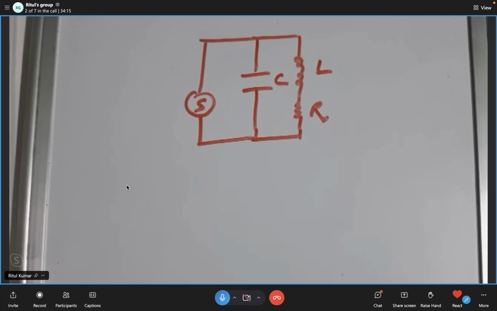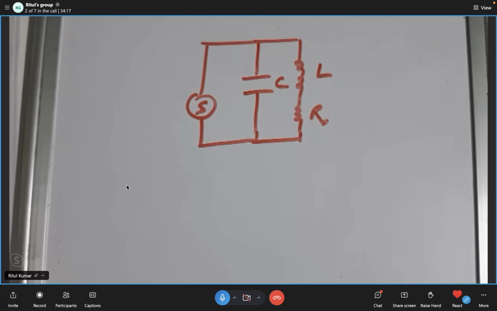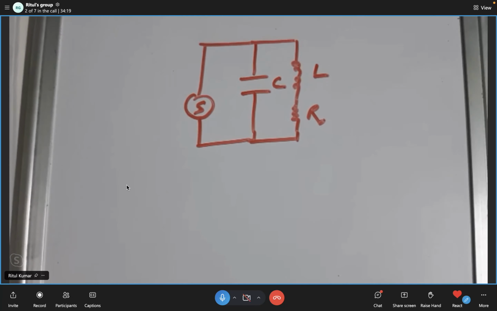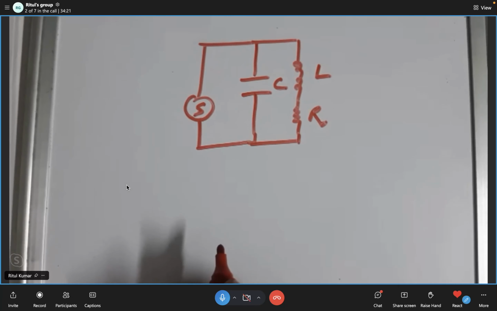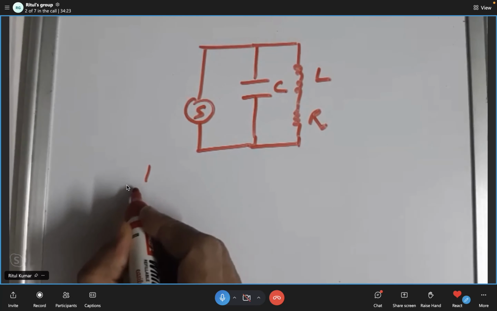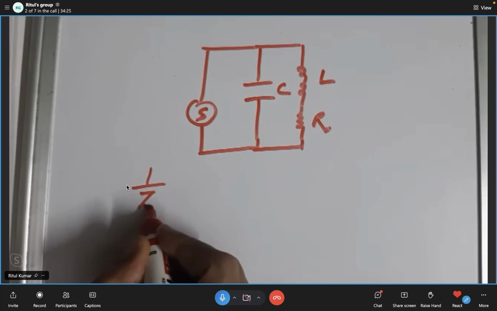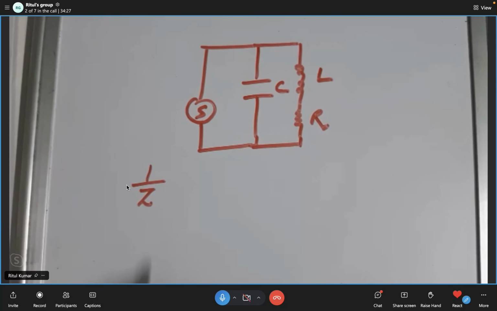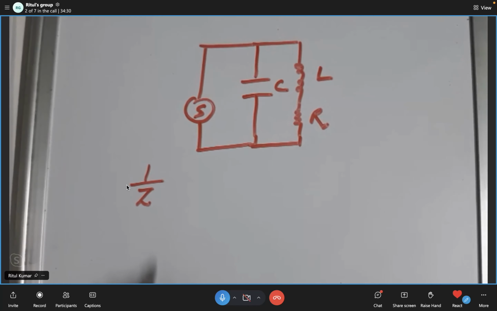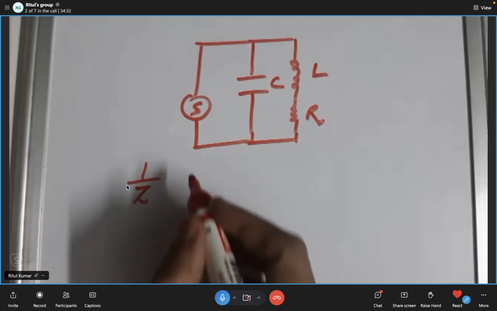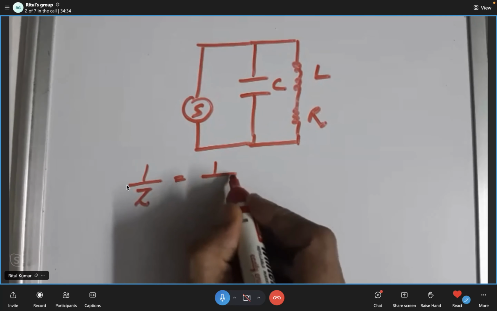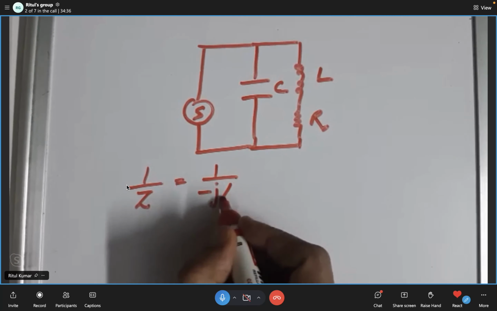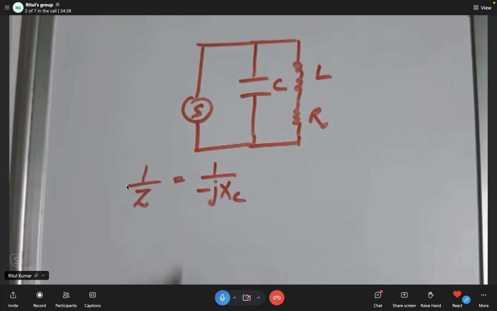Let us find impedance then, taking a cue from the previous dispensation. If I take a cue from the previous dispensation, what I am to do is to rerun it. 1 by Z, let us rerun. 1 by Z is equal to what to us? 1 by minus JXC, right, dear? Yes, sir.